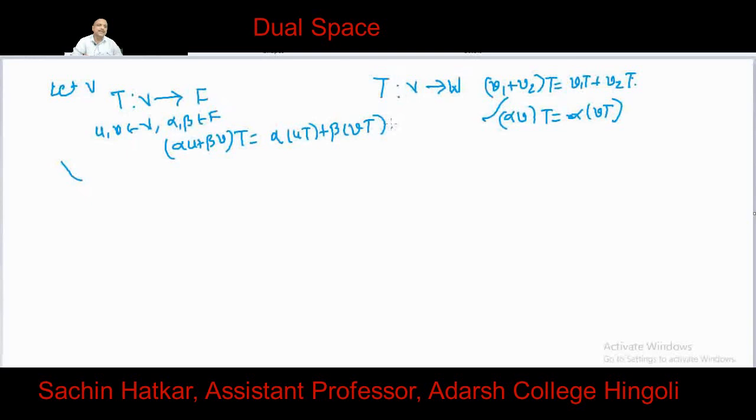If this is satisfied, then this T is called a linear functional.